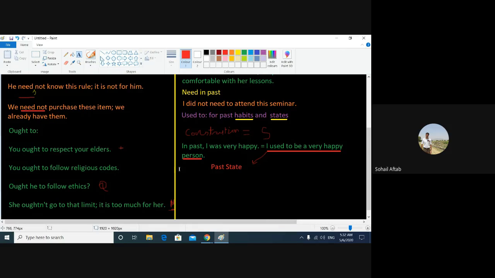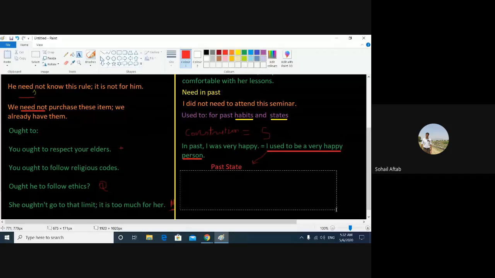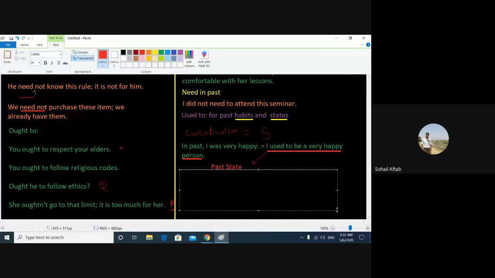Let us write it. For example, I used to, let me change the color. So for state it's green, and for habit let's make it yellow. Okay.